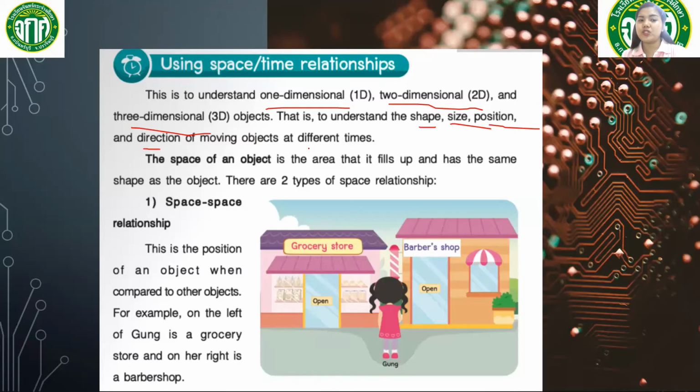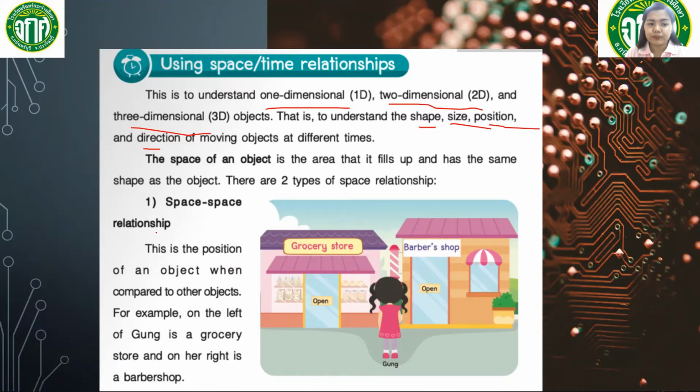So we use space-time relationship for us to understand the shape, size, position, and direction of moving objects at different times. Now, the space of an object is the area that it fills up and has the same shape as the object. Now there are two types of space relationship.